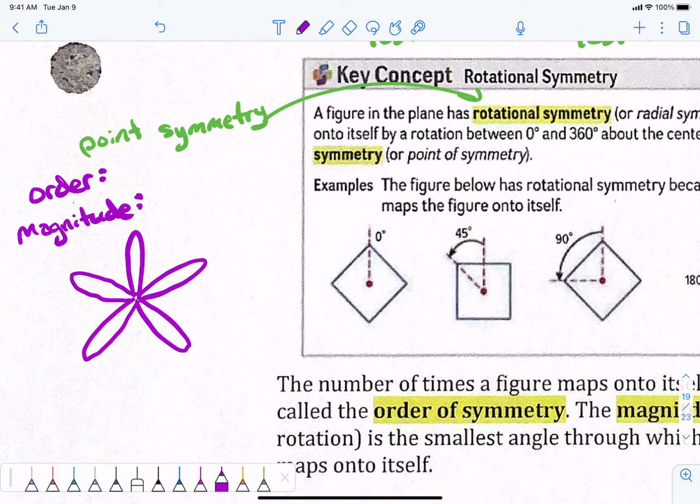Order means how many times does he map on top of himself? And the magnitude is the number of degrees that he must rotate.